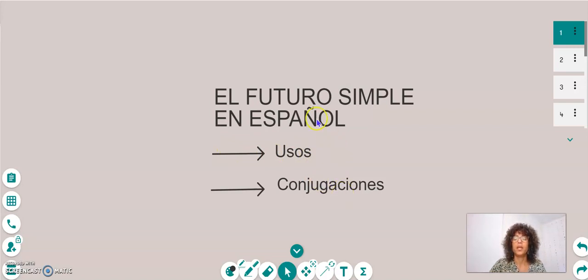In this case, as I said already, it's the future tense, and what is written here is the uses of the future tense in Spanish, which means when and why I can use the future tense, and also conjugations.